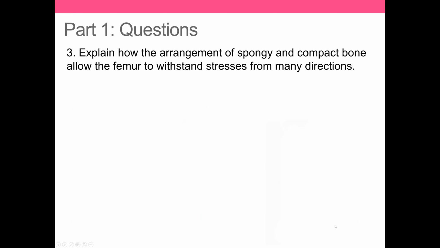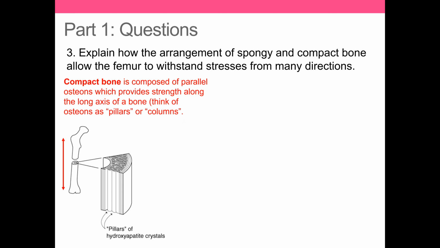Number 3, explain how the arrangement of spongy and compact bone allow the femur to withstand stresses from many directions. So if we look at compact bone first, remember it's composed of parallel osteons, which provide strength along the long axis of a bone, which is shown by the red arrow here.